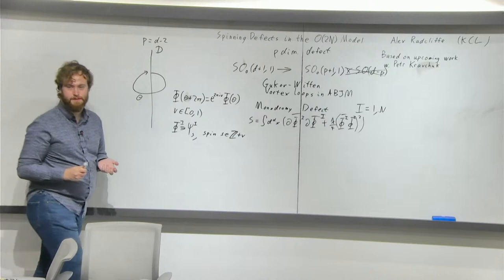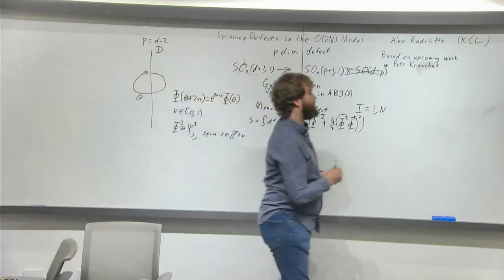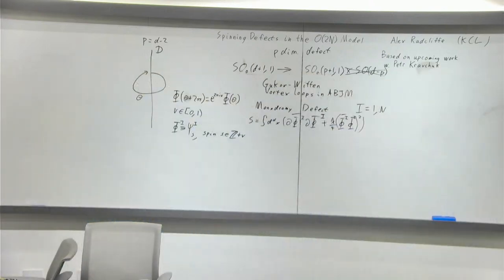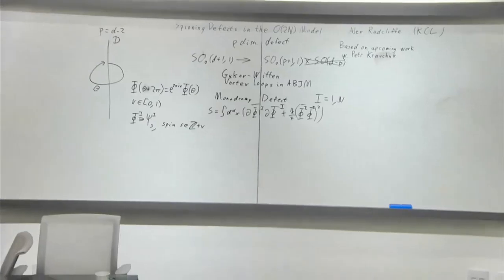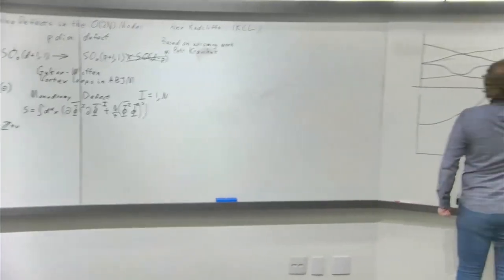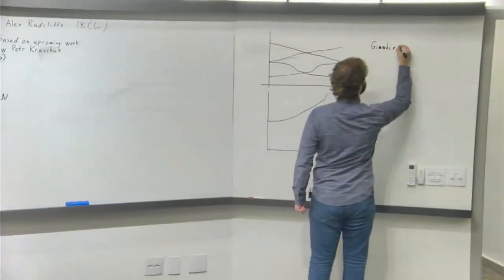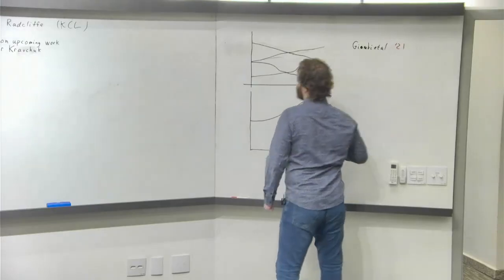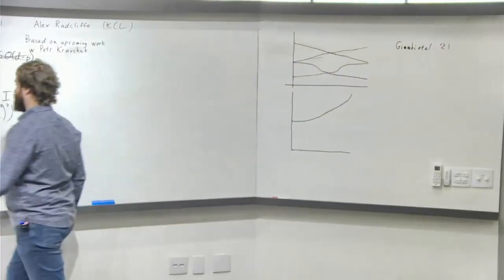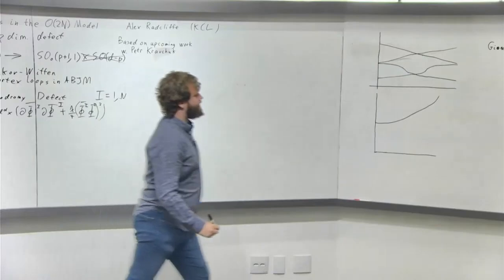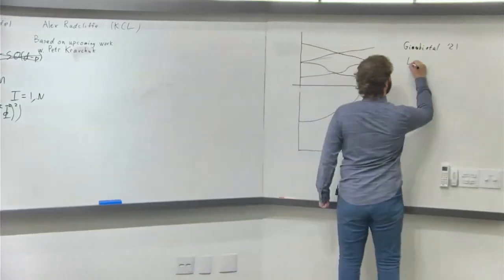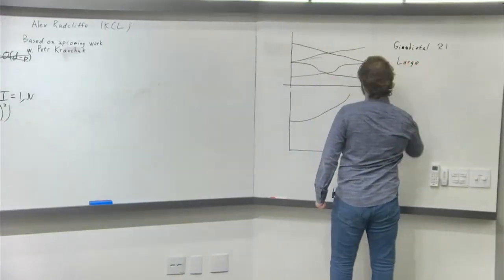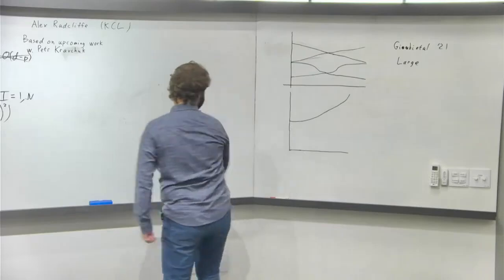So this model has been studied before. In particular, for our purposes, it was studied by Giombi and some collaborators in 2021. And they found the scaling dimensions at large N of the first few of these operators.